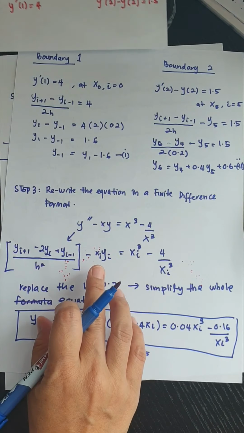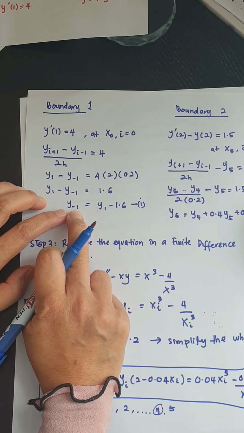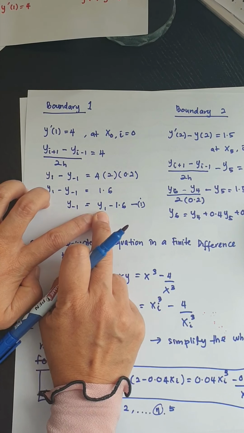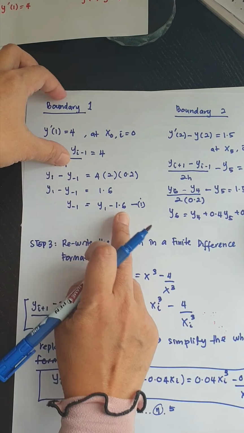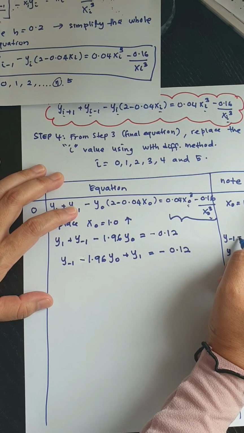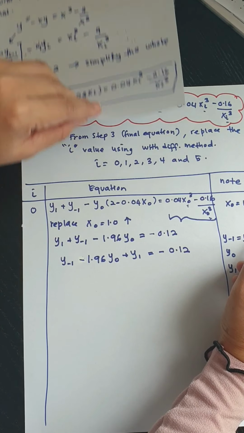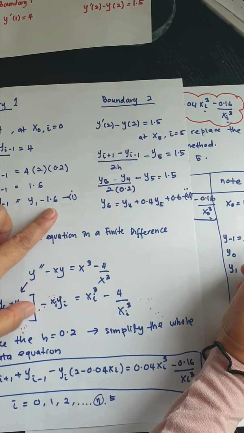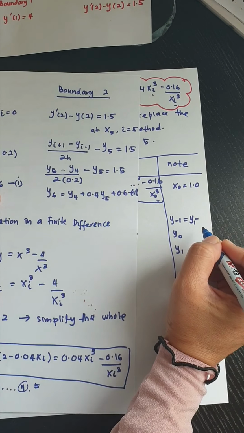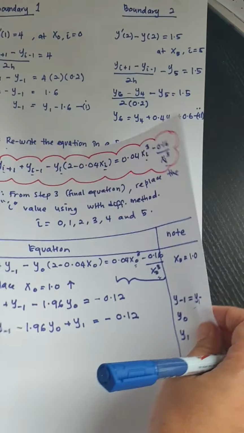Okay, so from boundary 1 formula, we get the equation for y negative 1 equal to y1 minus 1.6. So this will be y1 minus the value that you get from the boundary. Can you see it?